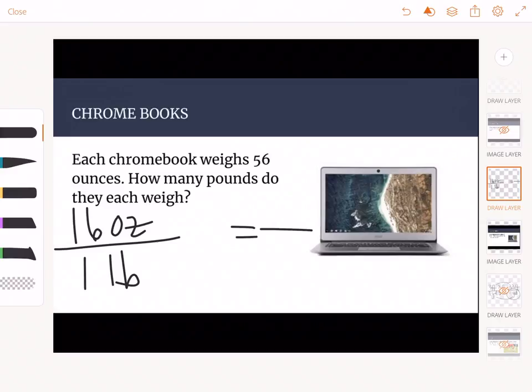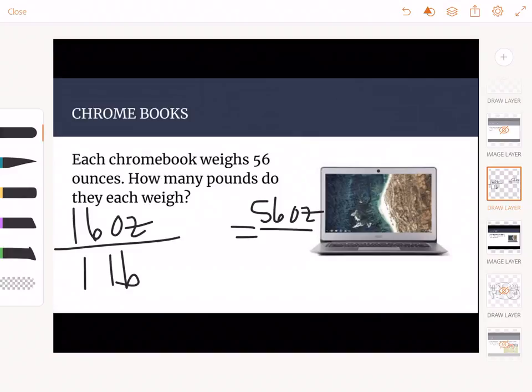Okay, we're going to 56 ounces. Okay, and I've got to figure out how many pounds that is. Now, most of us probably do not have memorized how to get from 16 to 56. But we know that our fact families tell us 16 times something is 56, which means 56 divided by 16 will give us that something.